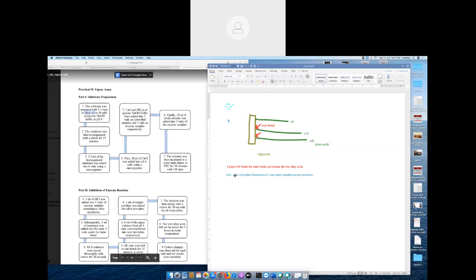So, the rate of product formation in 1 minute under standard assay condition. We have the standard for this. What is the standard? We use oleic acid.